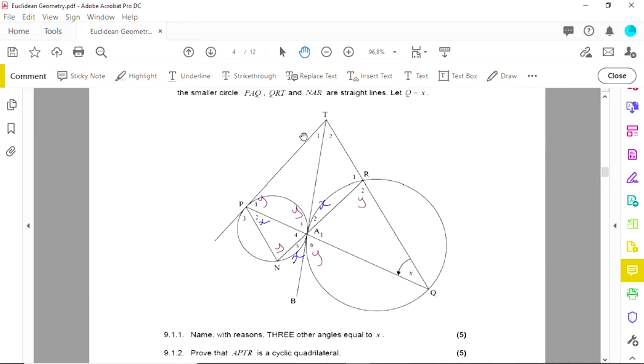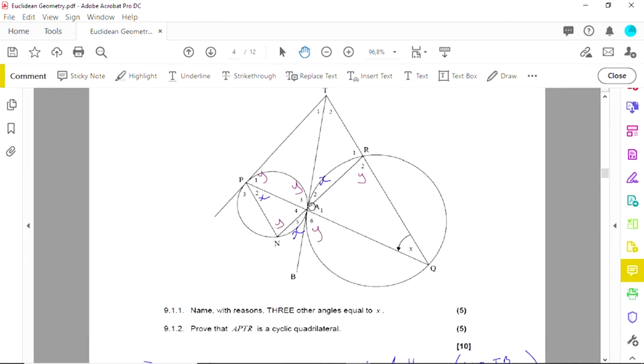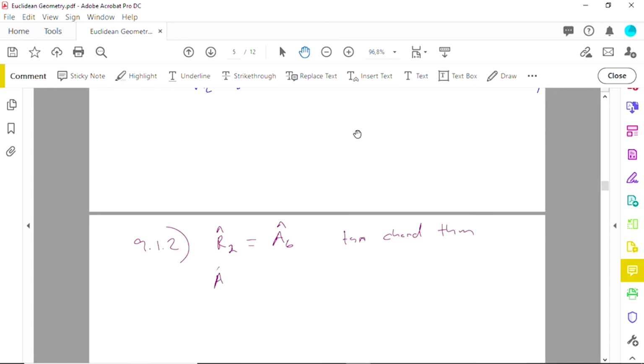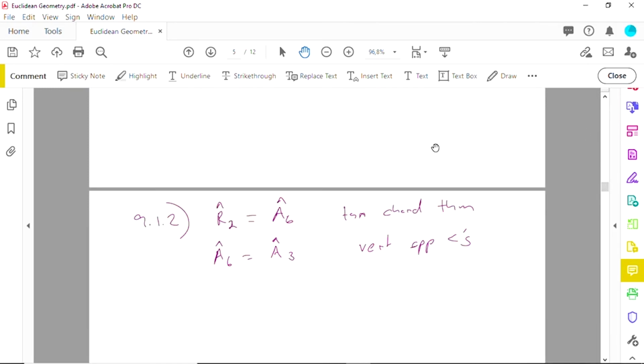At tan chord theorem, I'm using this tangent. We said A6 is equal to A3, and these are vertically opposite angles. Therefore, R2 must be equal to A3. Or you can just say let R2 equal to X and go with the flow. Or Y, sorry.